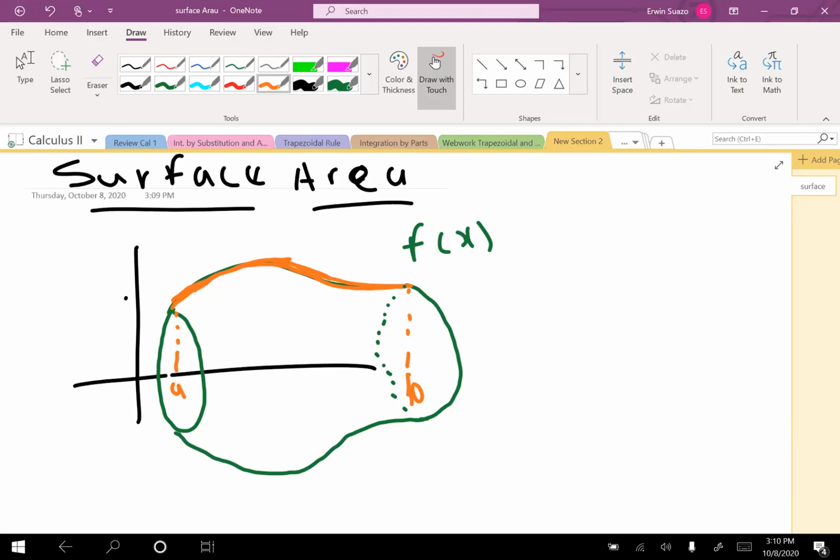So my formula for the surface area, when I rotate the function f of x between A and B around the x-axis, and I'm only going to ask about the x-axis, is the following.